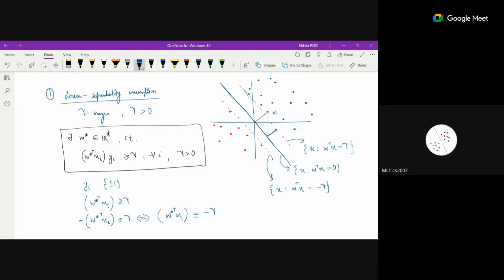What we are saying is that the data points being linearly separable is not enough.